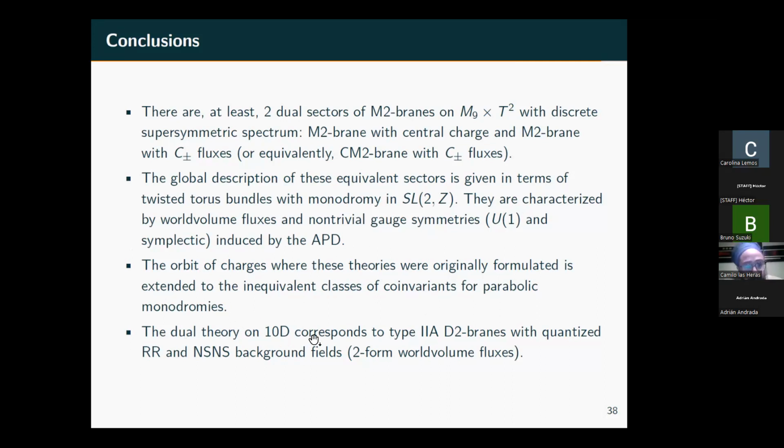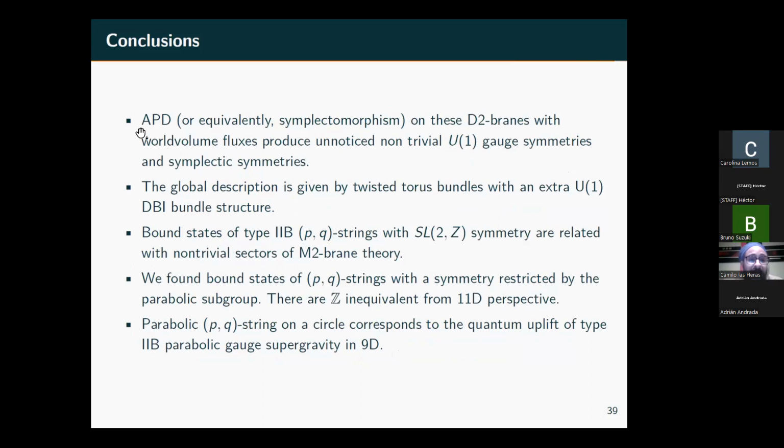The dual theory in 10 dimensions corresponds to type 2A D2 branes with quantized Ramond-Ramond and Neveu-Schwarz background fields, which manifest as two-form world volume fluxes on the theory. Area-preserving diffeomorphism, or equivalently symplectomorphism in 2 dimensions, on this D2 brane with world volume fluxes produce non-trivial U1 gauge symmetries and symplectic symmetries.